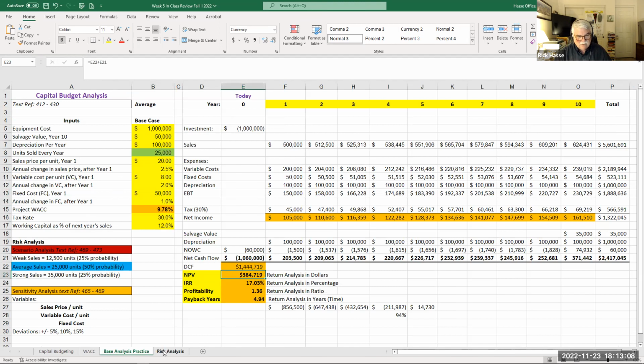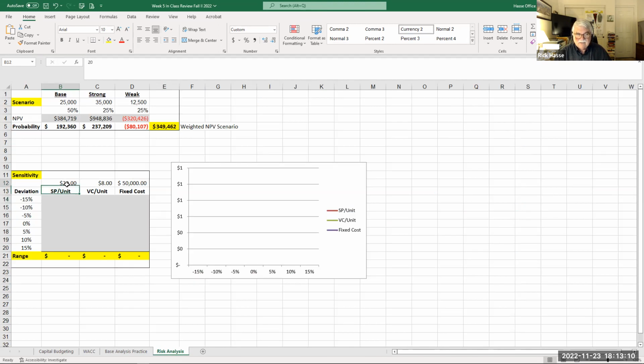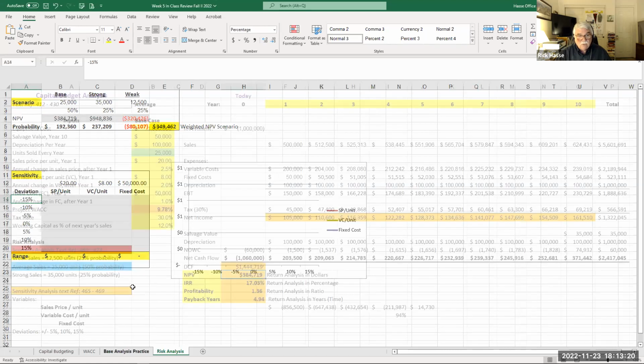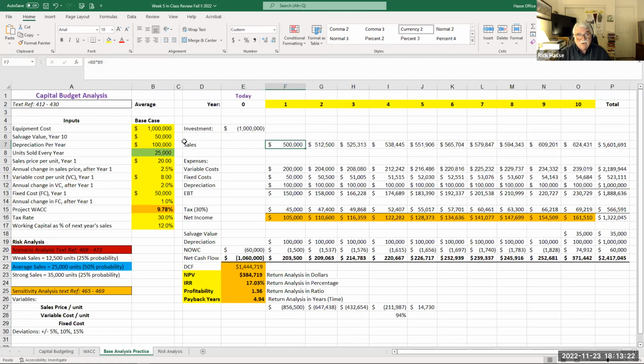For example, in our first one, the selling price is $20. What if we lower the selling price 15%? How does that affect our NPV? So I simply go, because remember, I have all the revenue all set in these formulas, to selling price and put in equals 20 times 0.85.